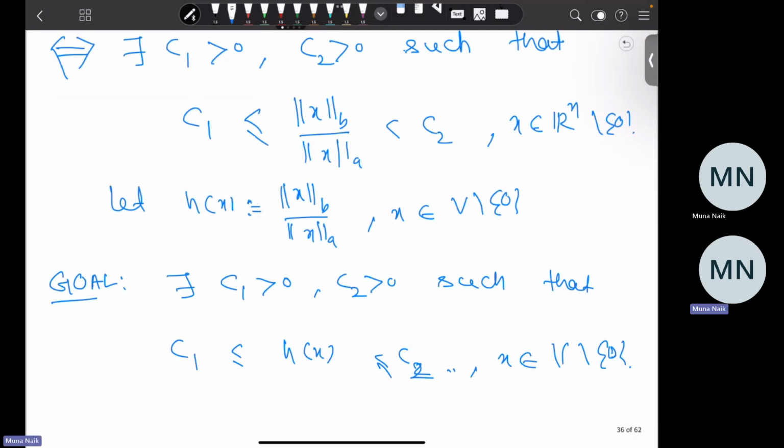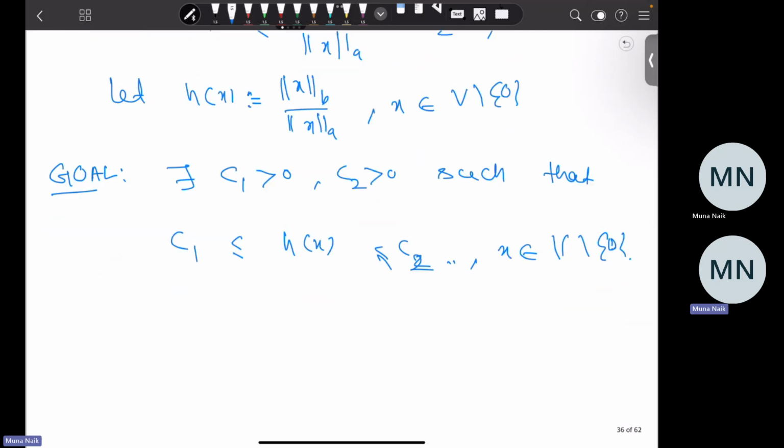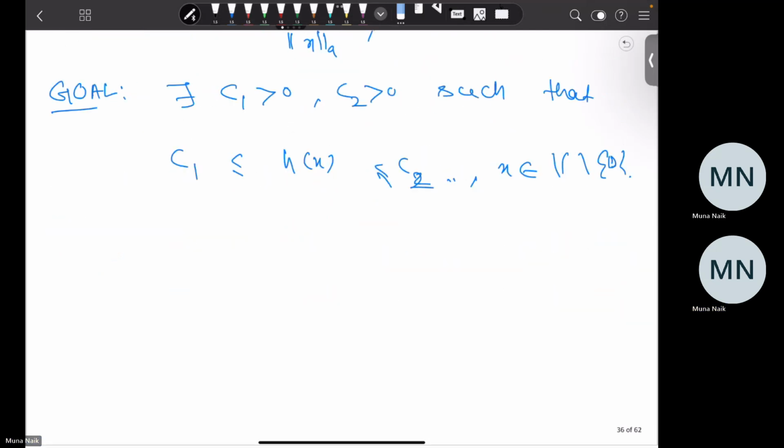Now the thing is, h(x) is a function on Rn minus 0, but it is much more than that. You can pause for a moment and think: what kind of function is h?